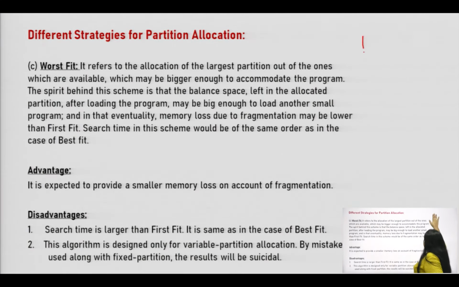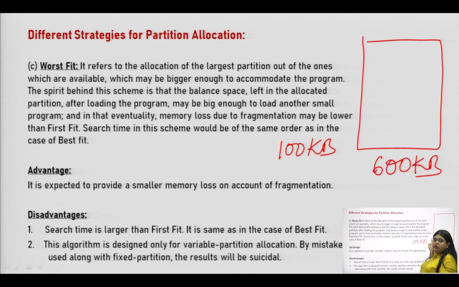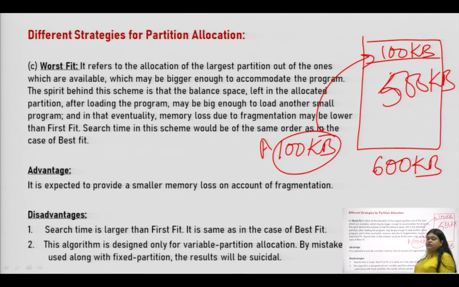So, if we have a big enough block, let us say 600 KB, and there is a process of only 100 KB size, it says if this is the biggest block, allocate this block to process A. So, 100 KB will be used, and the remaining 500 KB is free for other processes to come in and use.